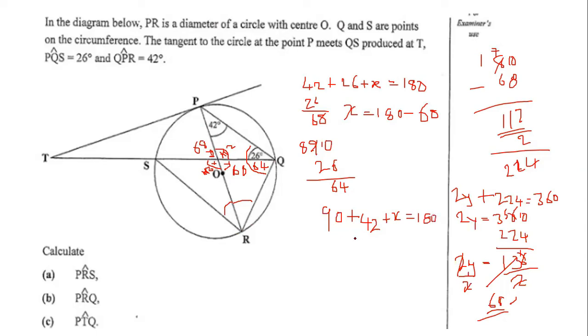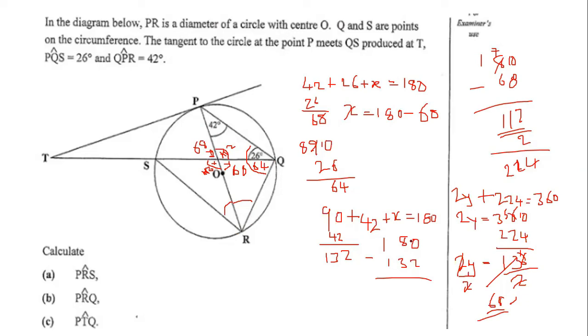So this one, 90 plus 42, let me just add it like this, I have a 132. So my x will be 180 minus 132.